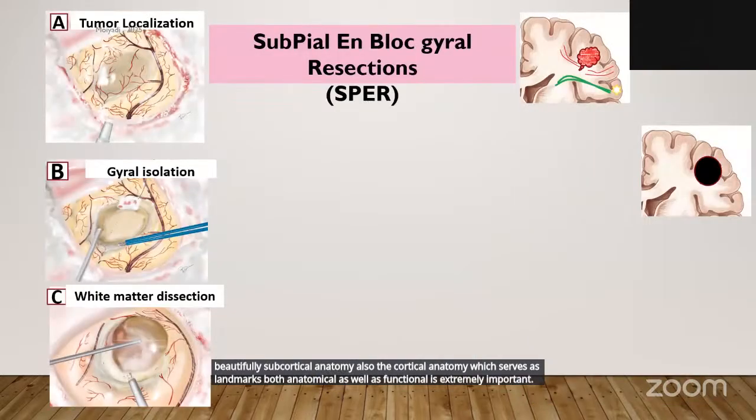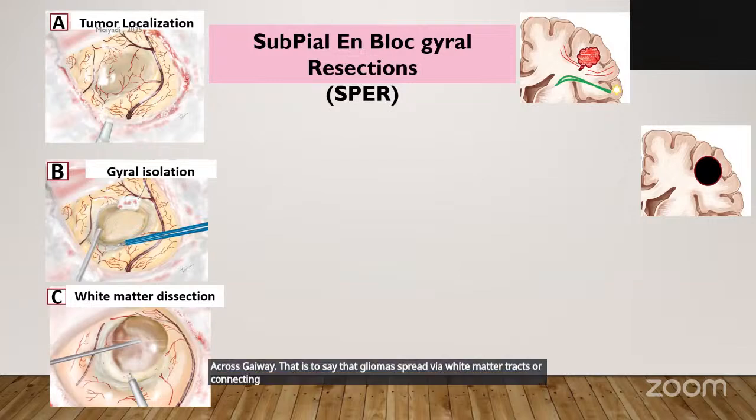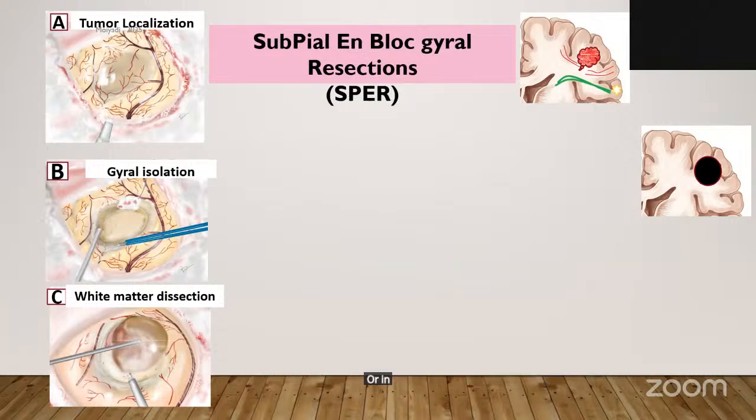It is also important to understand the role of the pia and the glial limitans membrane, which restricts the spread of intraaxial tumors across gyri. That is to say that gliomas spread via white matter tracts or connecting fibers across gyri, but not through or across pial surfaces unless they are breached or in very late stages in high-grade tumors.